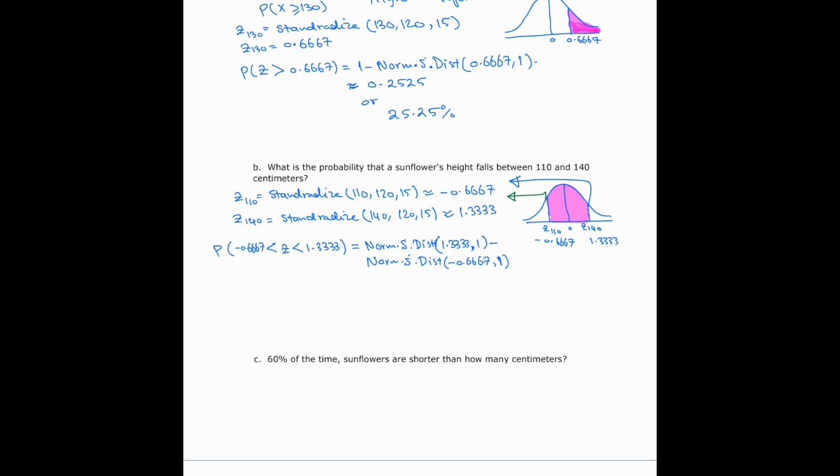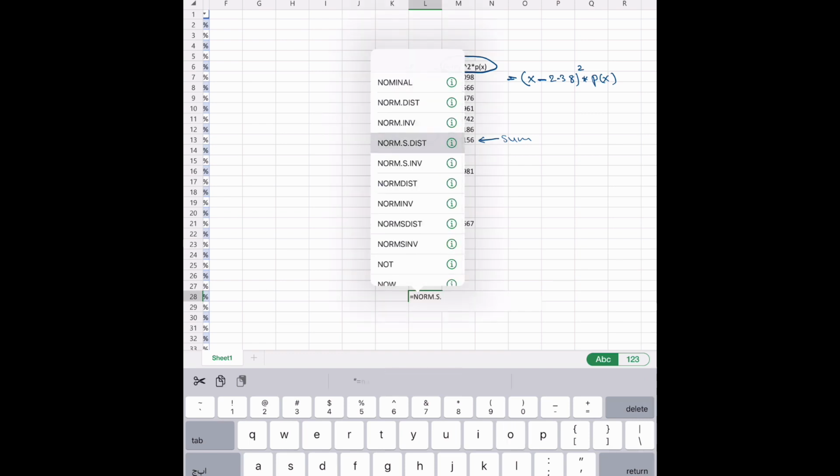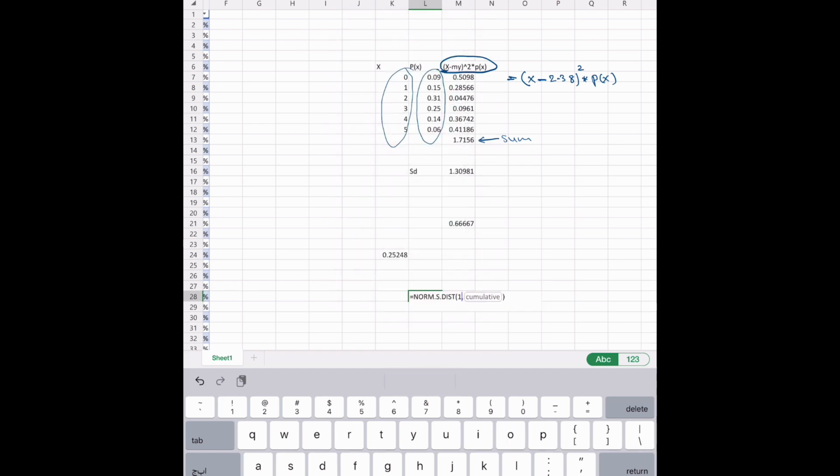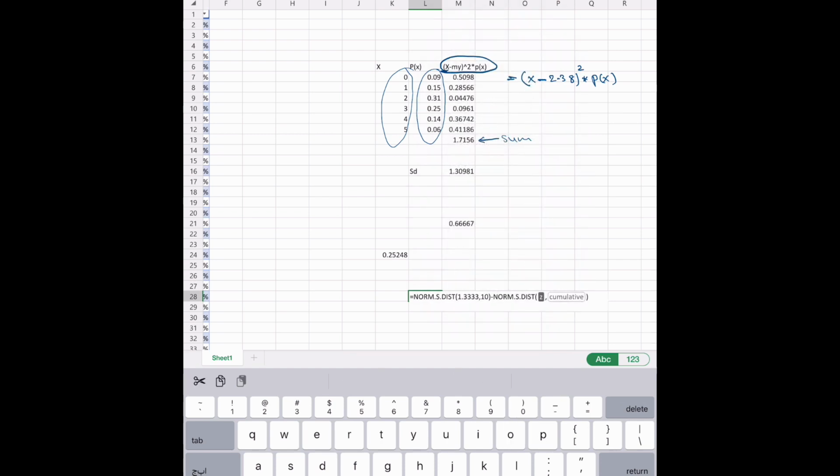We need to cumulate. So if you do that on Excel, you will get equals norm.s.dist of 1.3333, comma 1, close parentheses, minus norm.s.dist of negative 0.6667, comma 1, and then enter.